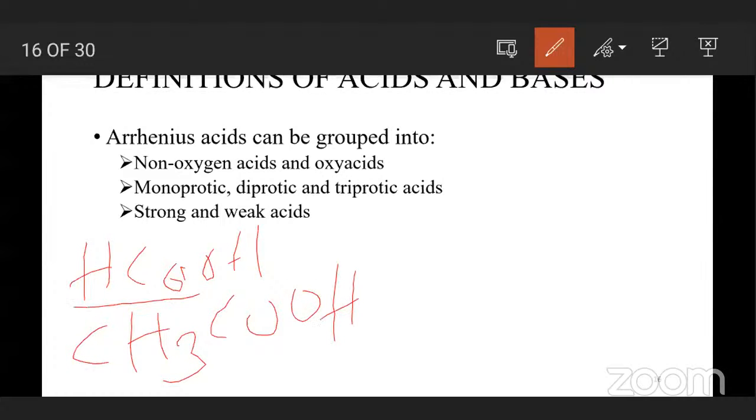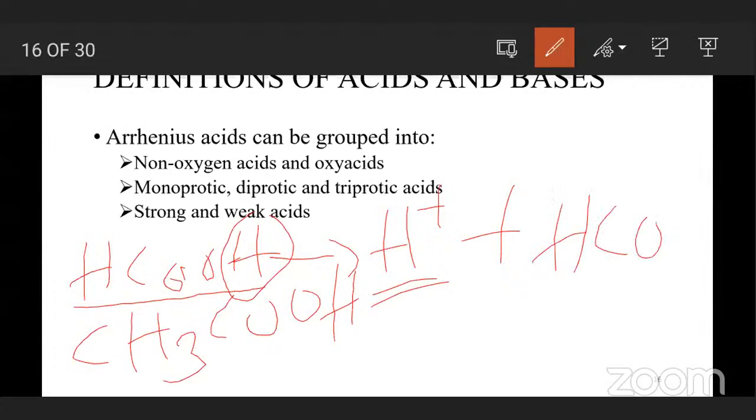Methanoic acid is HCOOH. In solution, this should release just one proton, and also we have this anion, the methanoate ion. So we have this H plus, but it is not completely dissociated in solution.